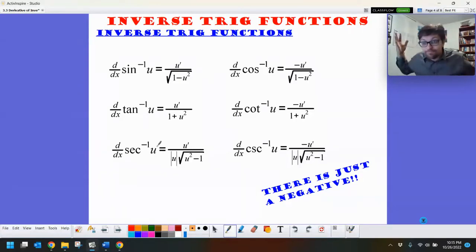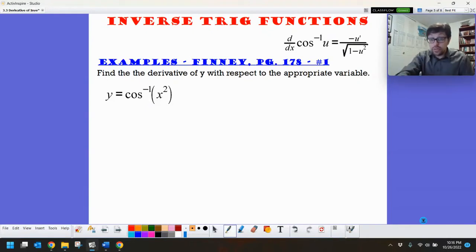These two, never seen them. Haven't shown up. They're only legend. So mainly make sure that you're familiar with inverse sine and inverse cosine. But you can notice that there are some similarities, that these ones just have a negative that these ones didn't. That is the only difference.